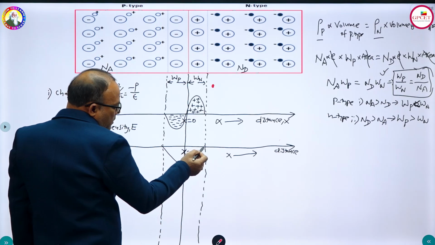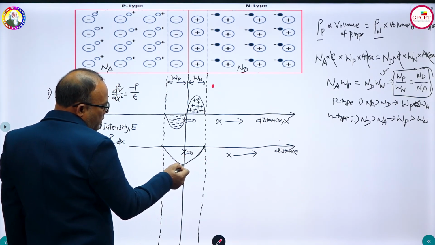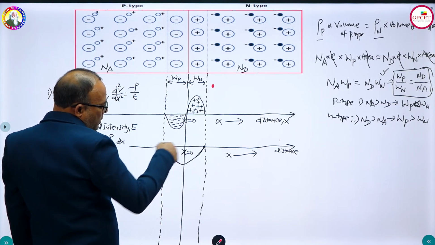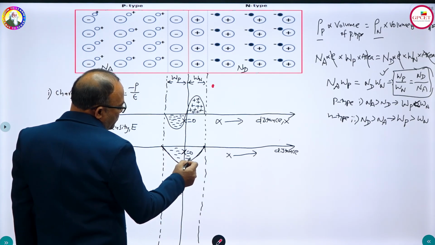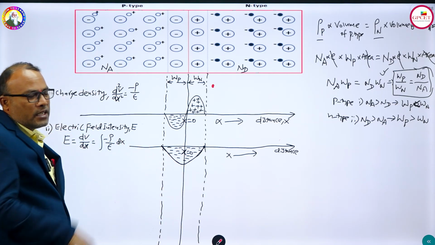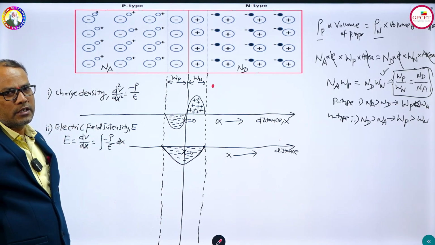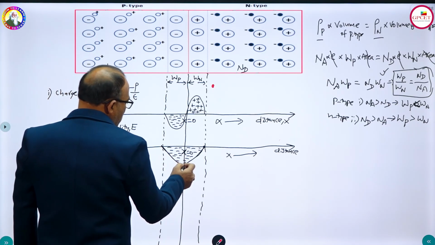It starts from the positive side, reaches a maximum value at x equal to 0, and reduces in a clockwise direction. So this is called the electric field intensity. Remember, electric flux lines start from positive and end at negative. This is the electric field intensity given here.